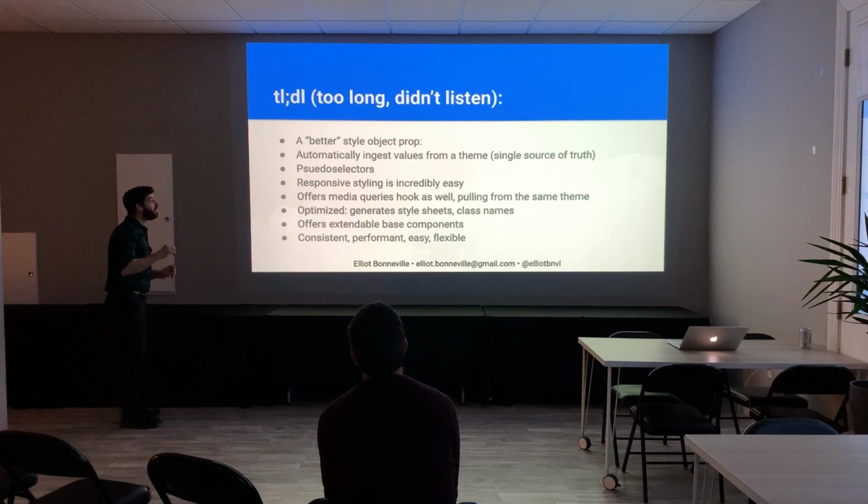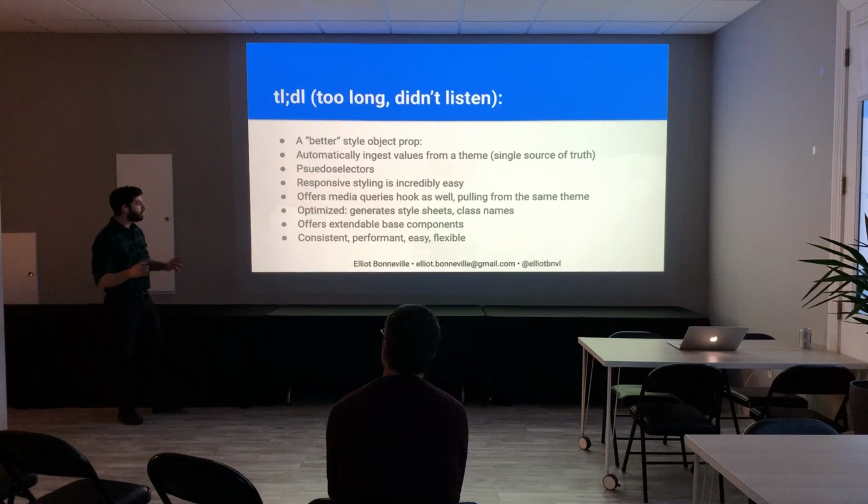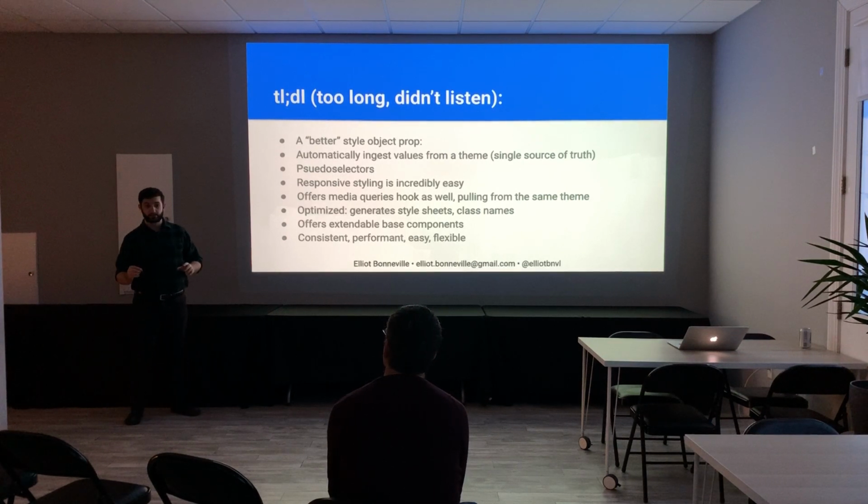And because this library, Theme UI, actually sits on top of and abstracts libraries like styled components and Emotion, we get the generated style sheets, right? We get those style sheets generated and stuffed into the DOM for free. You're not applying styles directly to your elements. You're applying them and they get generated into a style sheet.